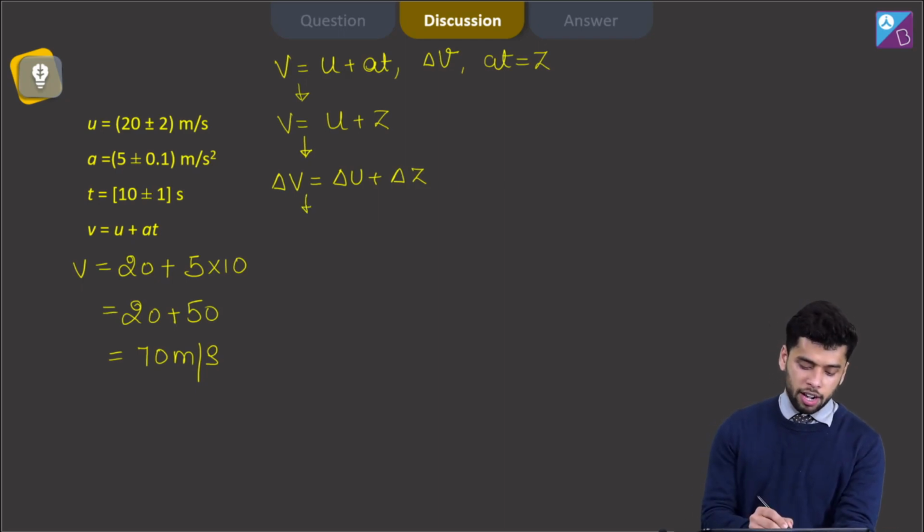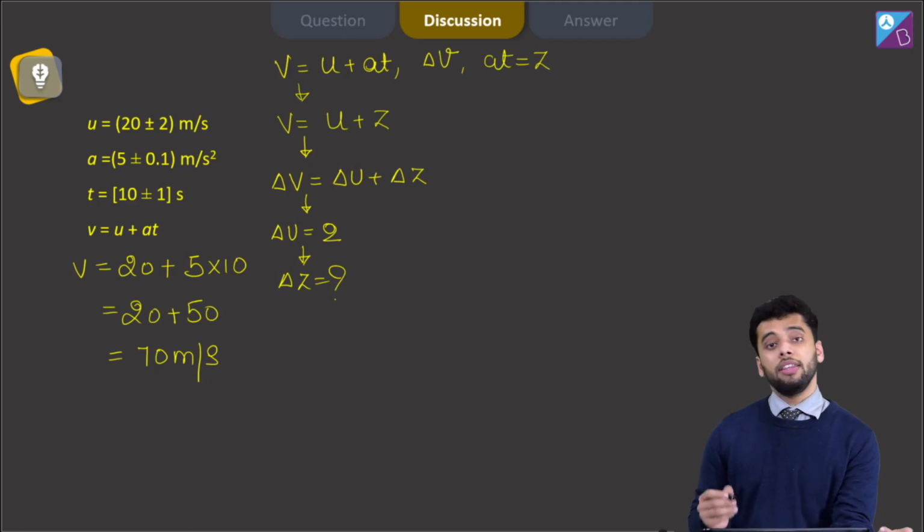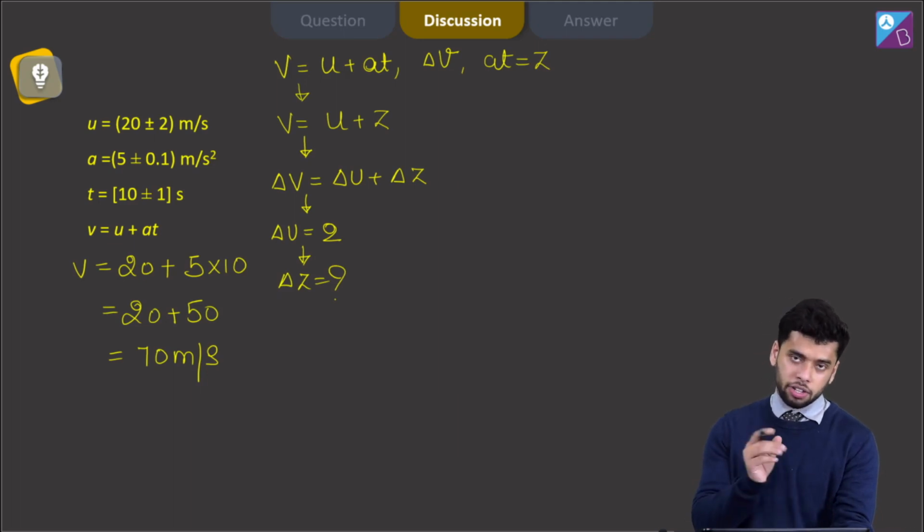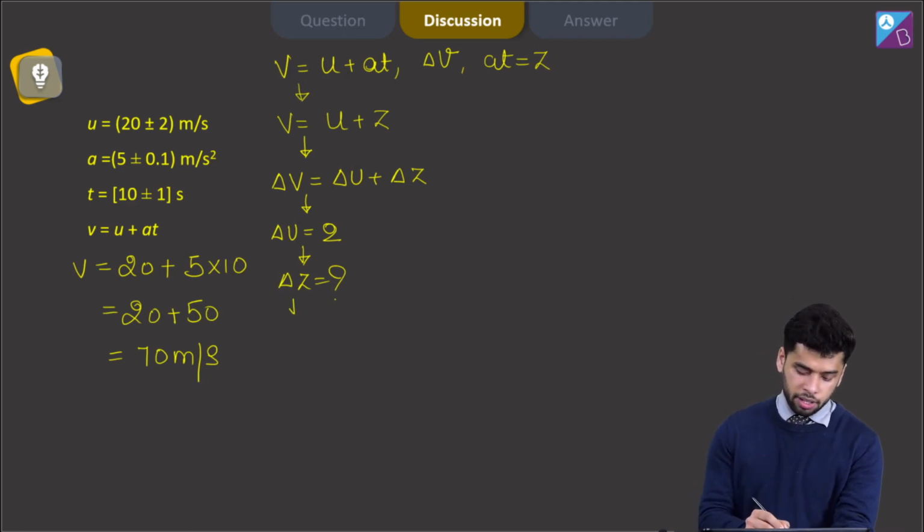And the value of delta u, that is the error in the initial velocity, is 2. But what about the delta z? How to find the error in the product of acceleration and time? Now z is equal to at.